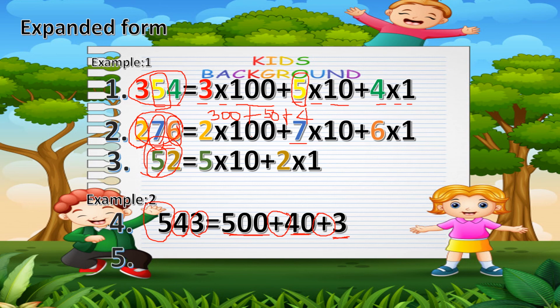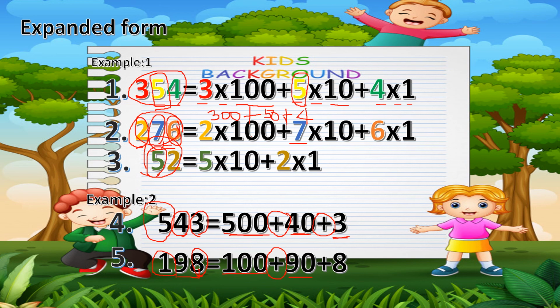Next we have number 5. We have 198, so we're going to break it up. 1 is in the hundreds place, so it was 100 plus 9 in the tens place, it was 90 because it's in the tens place, and 8 is in the ones place, so plus 8.